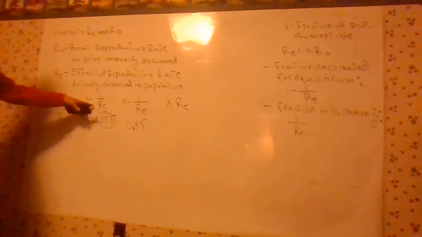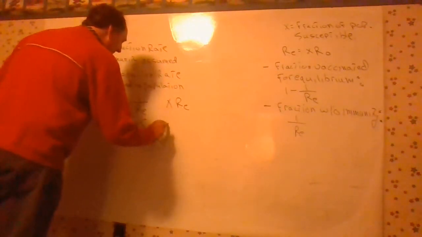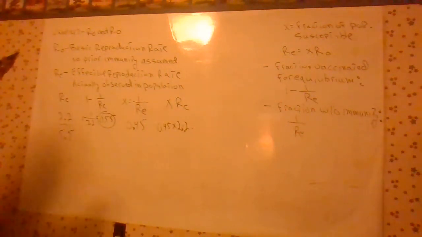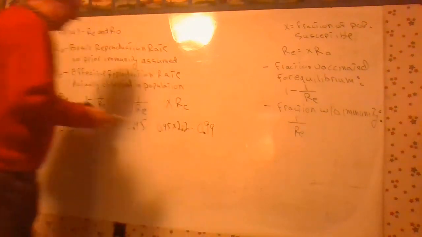This is the percentage that we would need to vaccinate. Now, if you multiply 0.45 times 2.2, and guess what? Because of rounding, we ended up with 0.99. That's pretty close to equilibrium, which would be 1.